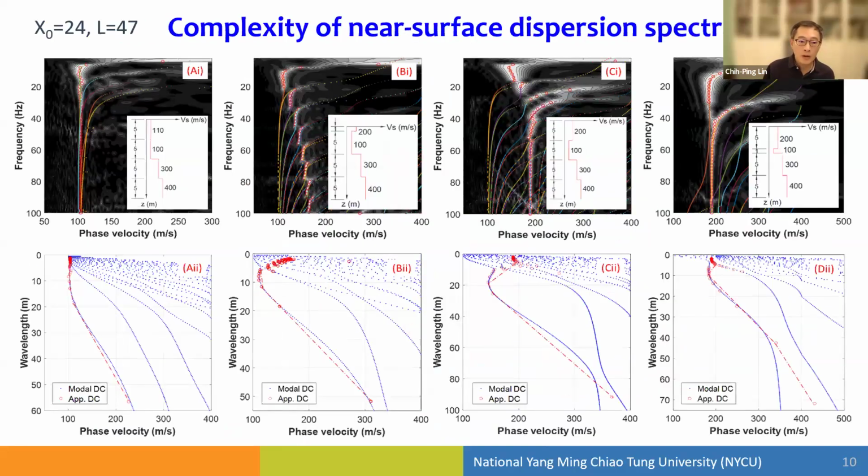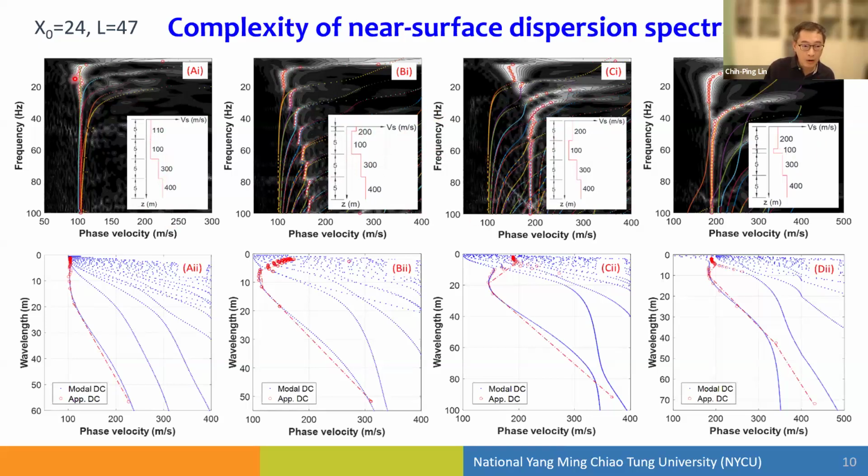All right. So with different shear wave velocity profiles, you can have very different behavior in the dispersion spectrum. So the complexity depends on the shear wave velocity profile. Here I give you a few examples, right? This is more of a normal profile, and the other three have different embedded soft layers.